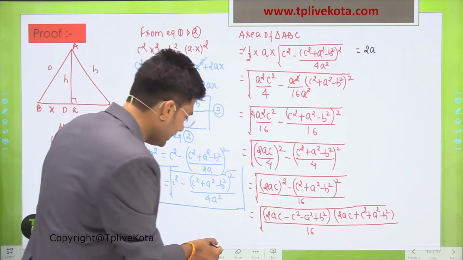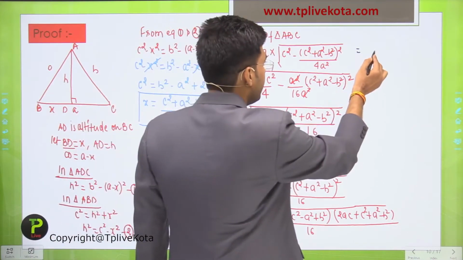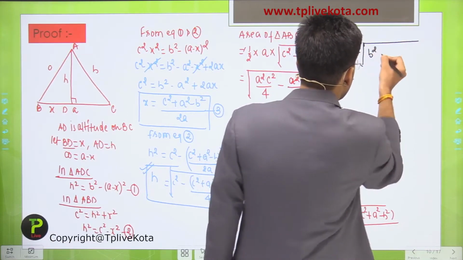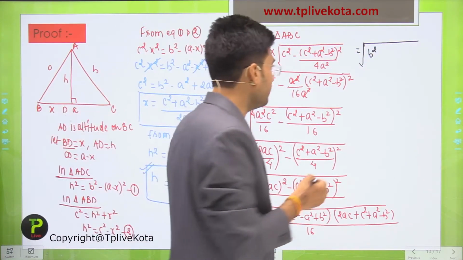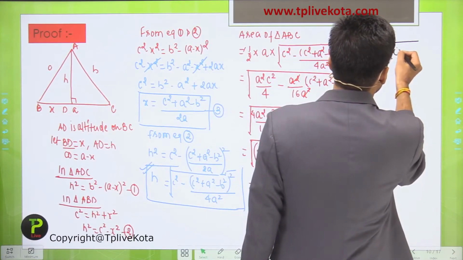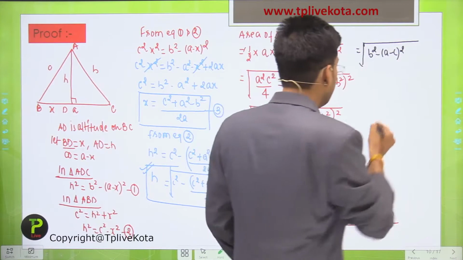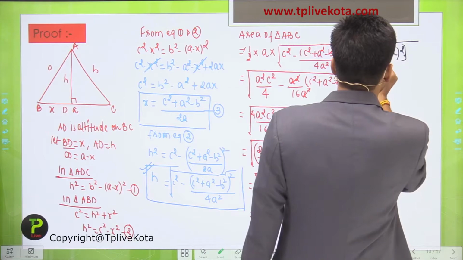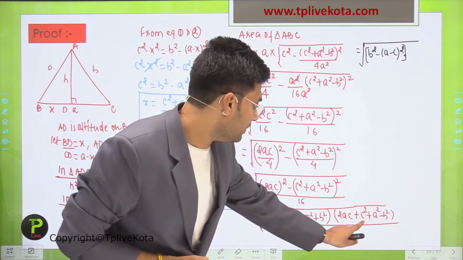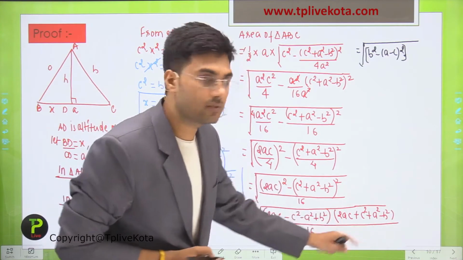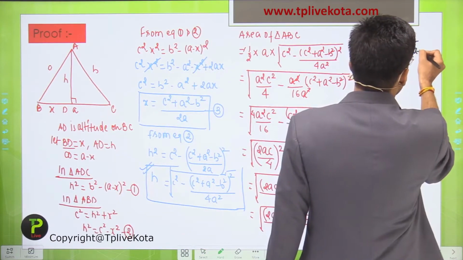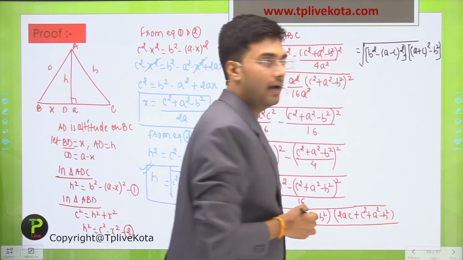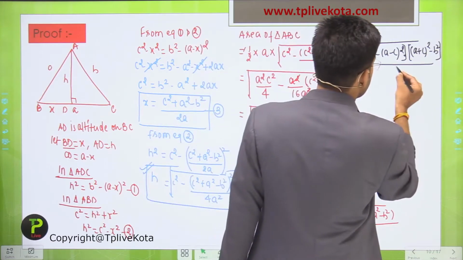So we can write it as under root, (b square minus (a minus c) square) multiplied by ((a plus c) square minus b square), and divided by 16.